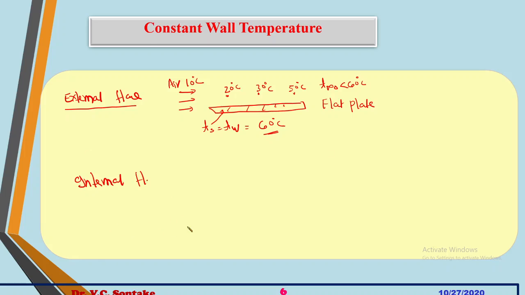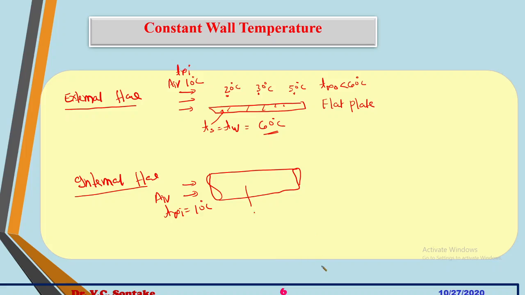Similarly, internal flow, let's say there is a tube or pipe and it is having constant wall temperature of, let's say, 80 degrees Celsius.